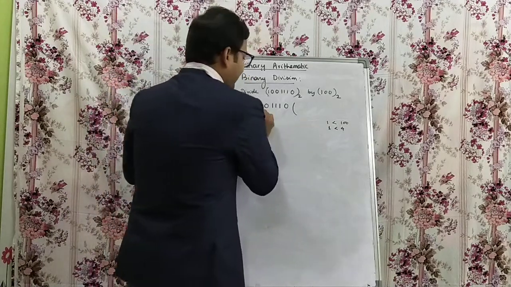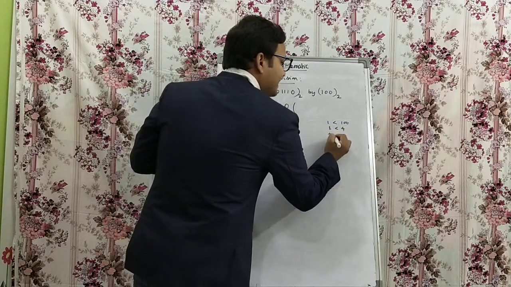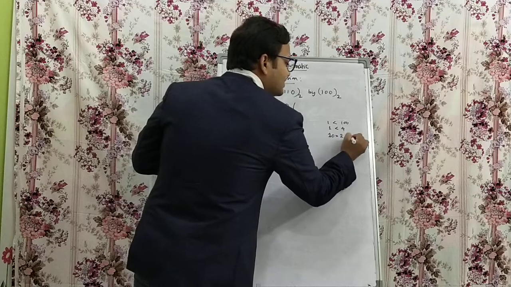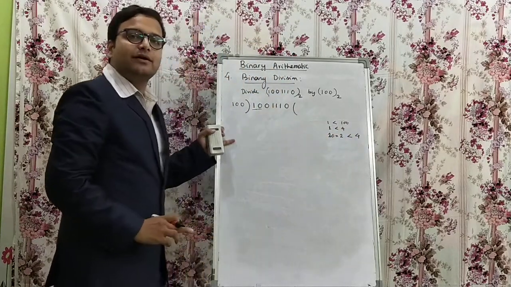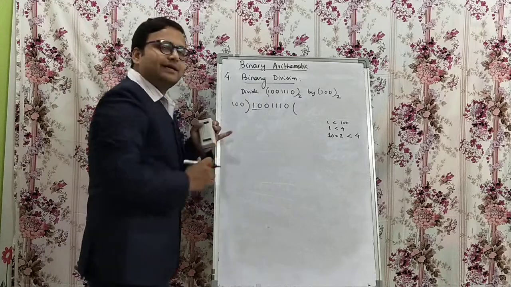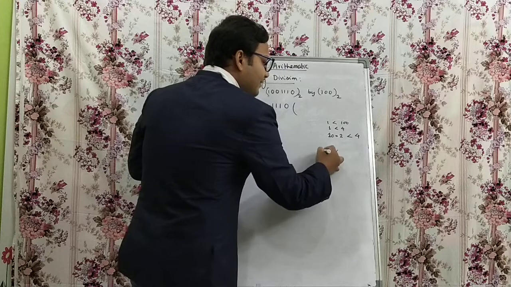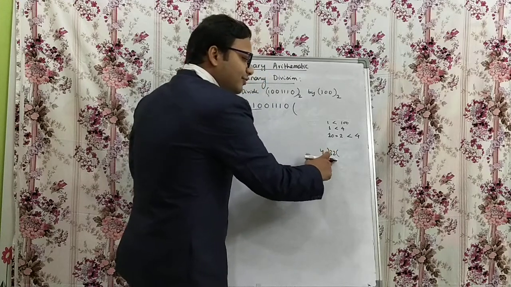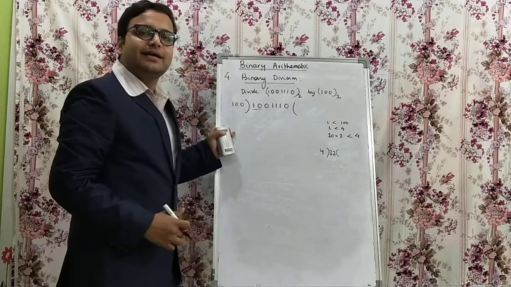So now take another value 1 0. If it is binary 1 0, it is nothing else but 2, which is also less than 4. If it is equal to or greater than 4, then only we can perform the division. Okay. So next, as you know that this is 32 divided by 4. Since 32 is greater than 4, that's why we perform the division.